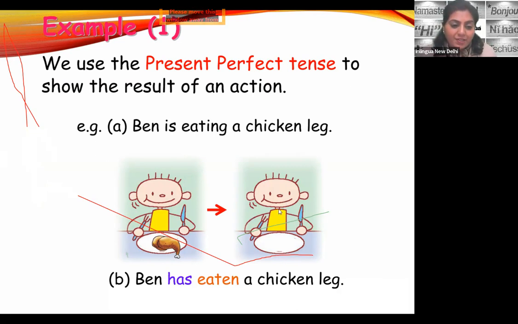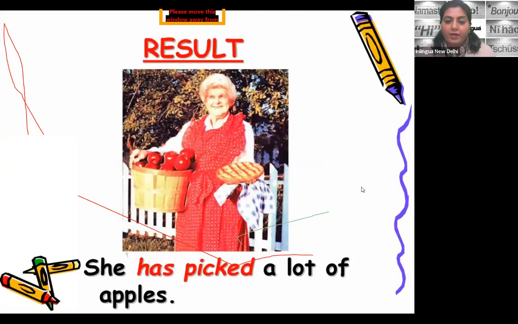In the next picture, you see that there is nothing on Ben's plate because he has eaten the chicken leg. Before this, it says Ben is still eating. He is eating. The action is happening. But when the action is over, we talk about it in the present perfect tense that Ben has eaten a chicken leg.